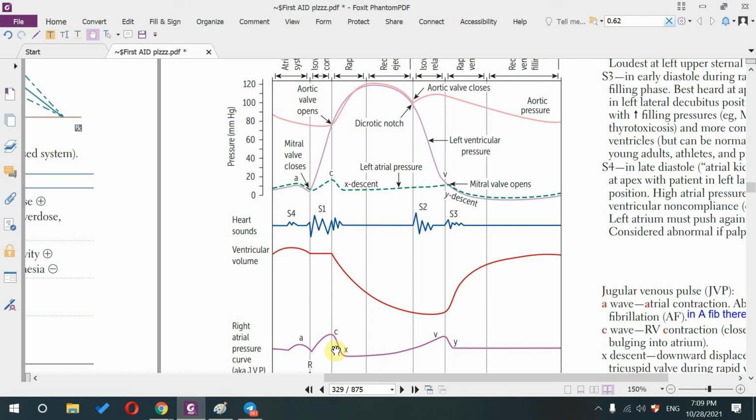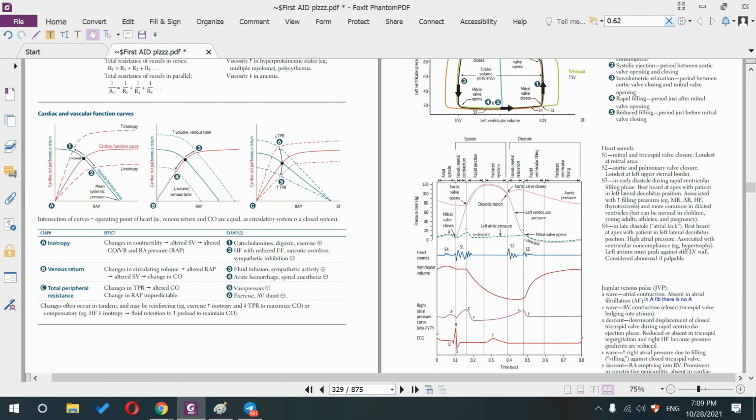And then we have the period in which, in the left atrium, the pulmonary veins are filling the left atrium, and in the right atrium, it is the superior and inferior vena cava and the coronary sinus. What are they filling? They are filling the right atrium. Okay, guys, I hope it makes sense.